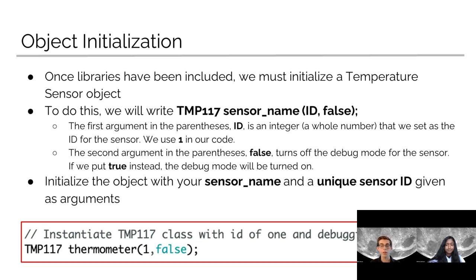In our code, we are just using 1. The second argument is false, which is us telling the debug mode to be turned off. If we wanted the debug mode to be turned on, we would put true instead, but we are not doing that here. We are just putting false so that the debug mode is turned off. So we initialize our object with these arguments, and then we give it a unique name such as thermometer.